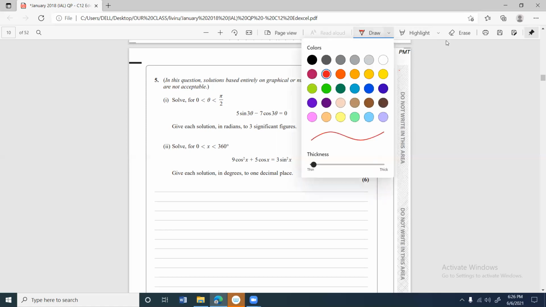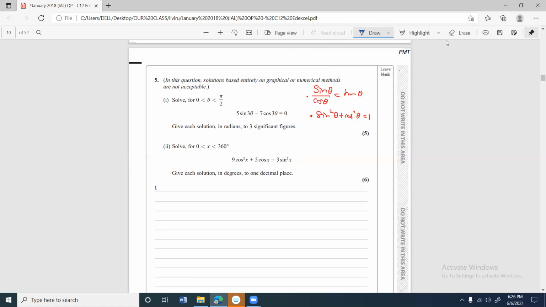Then we'll come to this question. Over here, 5 sine 3 theta minus 7 cos 3 theta equals 0. While keeping sine and cos both in the same equation, you can't do anything.